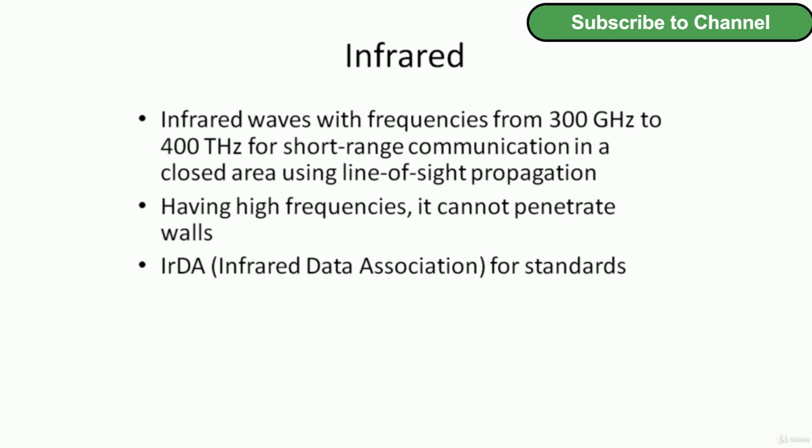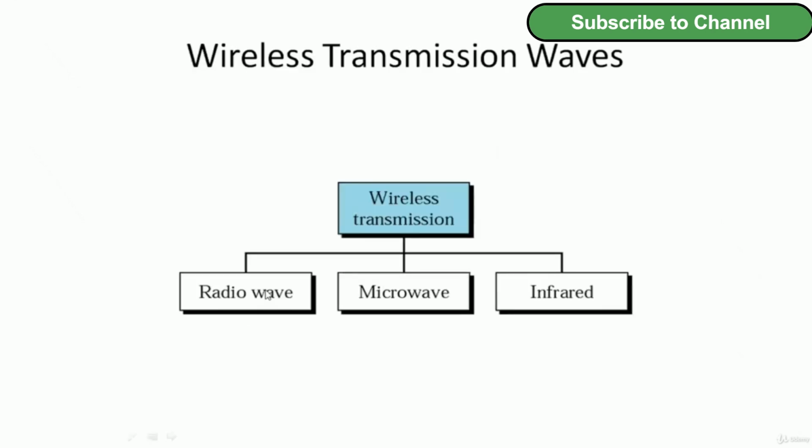We have seen the construction, working, and types of the wires, and the different connectors used for connecting those wires. Then we have seen wireless transmission, of these three types: radio wave transmission, microwave transmission, and IR, that is infrared transmission.